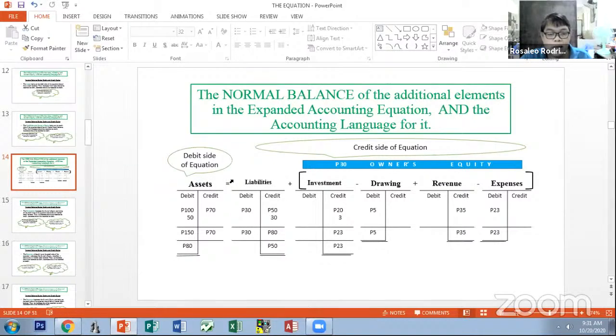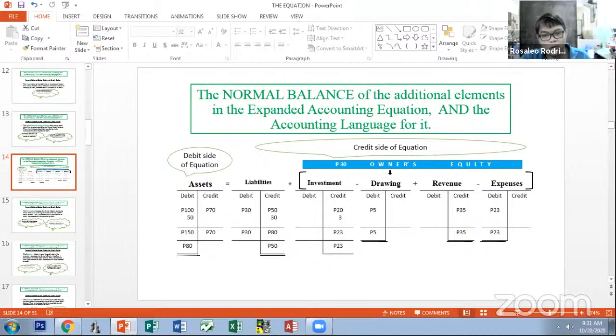When the accounting entity or the business borrows money, so an increase in asset, correspondingly, it must recognize its obligation to creditors by recognizing it here in liabilities. So the claimants: the interest of the creditors and the interest of the owner. If the owner decided to take away that interest, he can involve himself in a drawing transaction or withdrawal transaction.